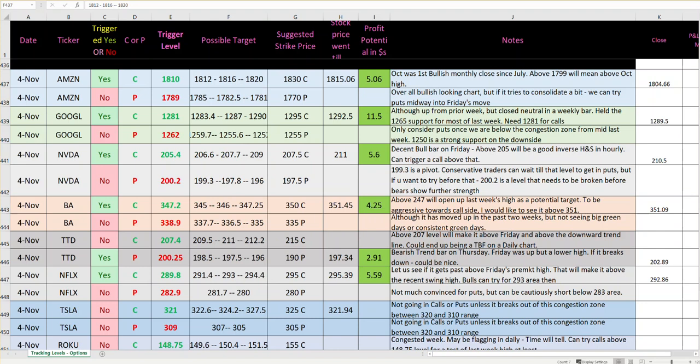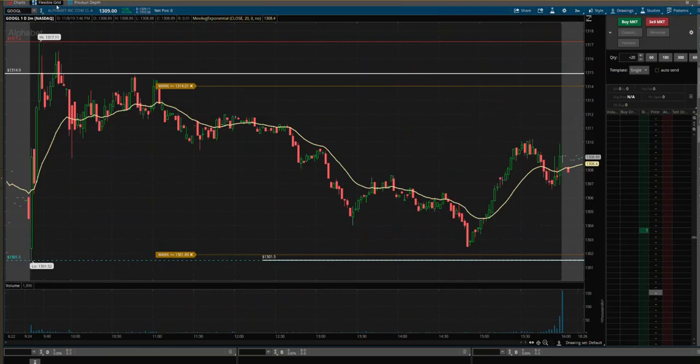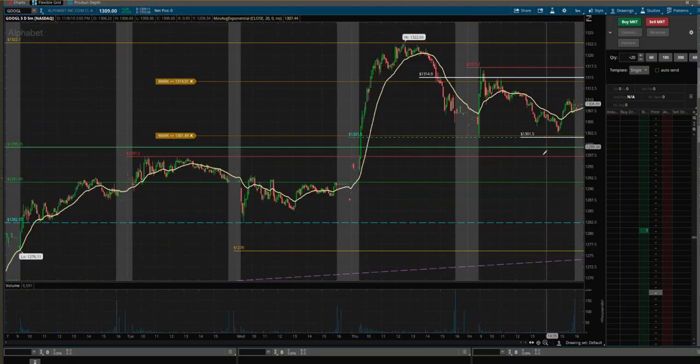And an aggressive way would be to get in once the stock breaks above the pre-market high. So I'm giving you examples from the perspective of trading calls. For puts, the aggressive way would be to get in once it breaks the low of the pre-market, okay? But keep in mind, these are not golden rules where things will work like this every time. There are some ways of trading such scenarios, but you have to improve your odds overall. So there are no guarantees in the stock market, of course.